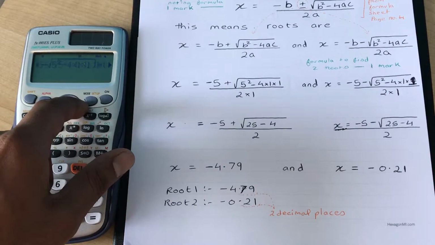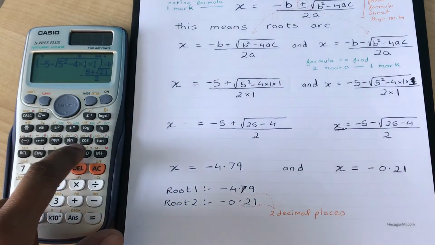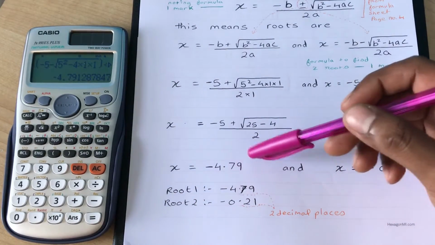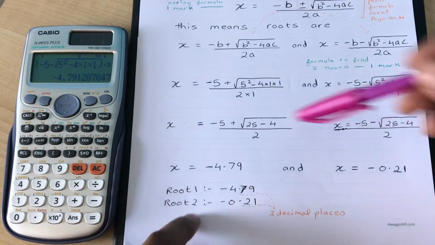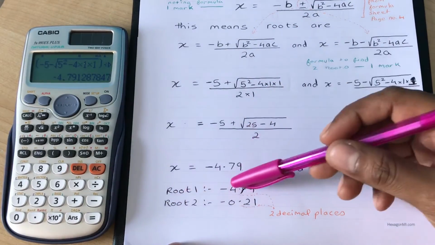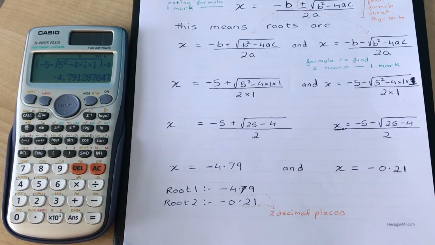Let me check the rest of my equation if it's alright. Yes, it is. I press the equal to sign and I get my second root, which is minus 4.79, and I'm going to write the roots down over here nice and neatly. Root 1 is minus 0.21, root 2 is minus 4.79, and hence the problem is solved. Good luck.